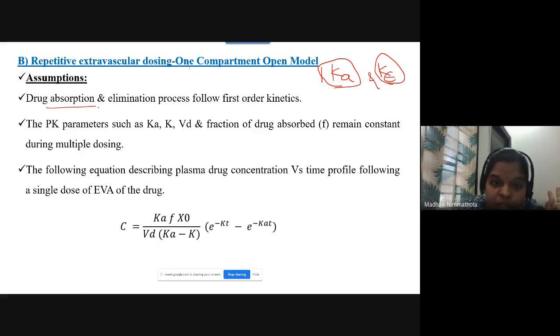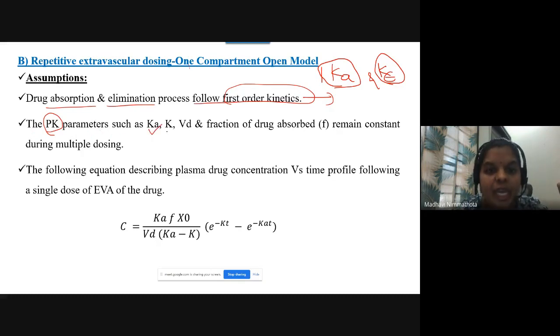Drug absorption and elimination, these two processes can follow first order kinetics. That means these depend on your plasma drug concentration, concentration dependent parameters. The pharmacokinetic parameters such as Ka and K. K is nothing but your Ke.